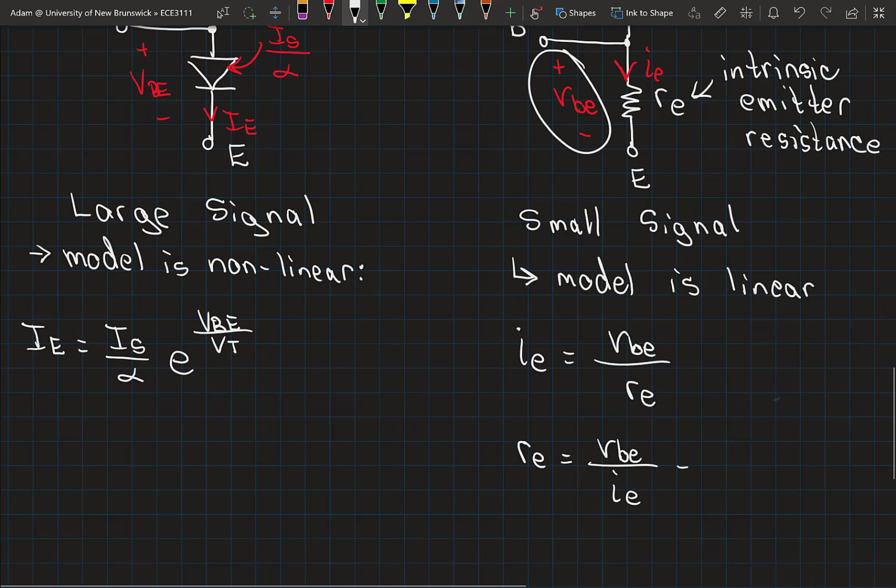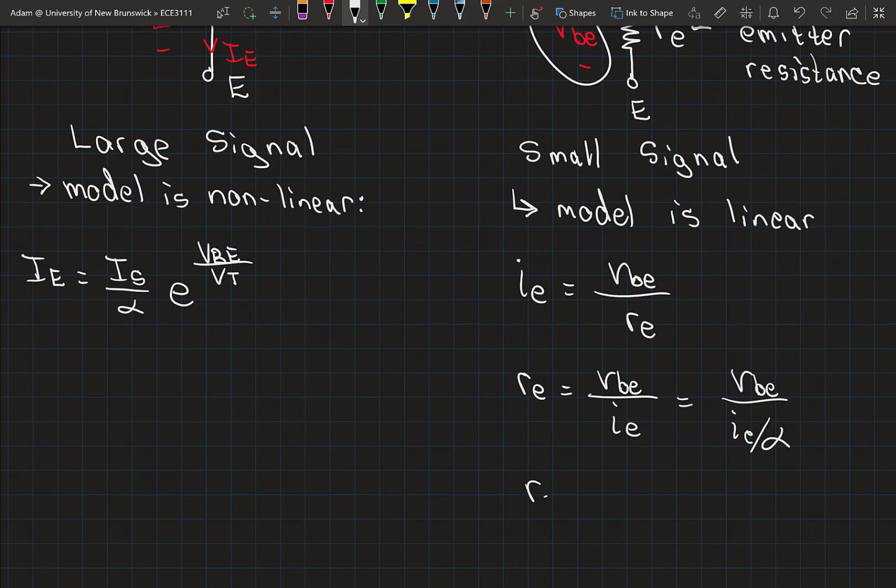Okay, and we know that our emitter current is equal to our collector current divided by alpha. So rearranging here, we show that our intrinsic emitter resistance is equal to alpha times VBE over IC, our base to emitter voltage divided by our collector current.